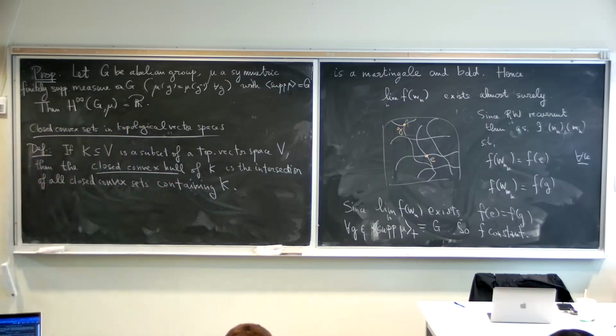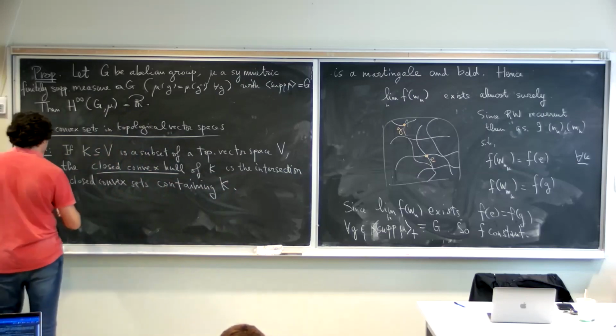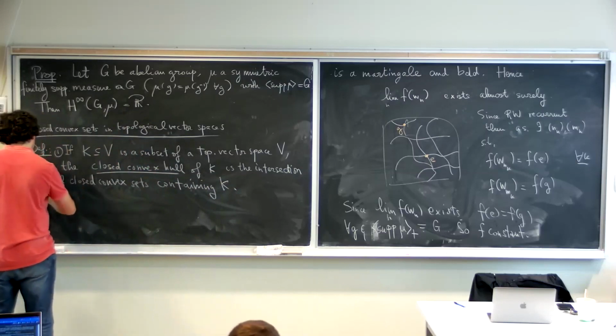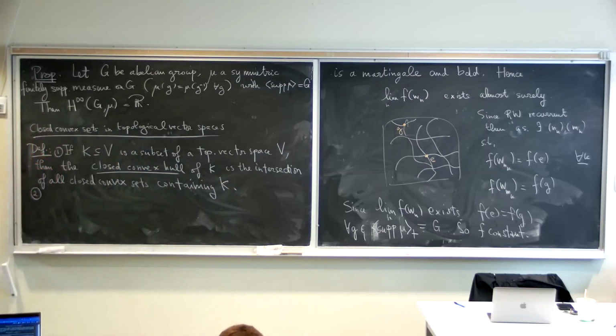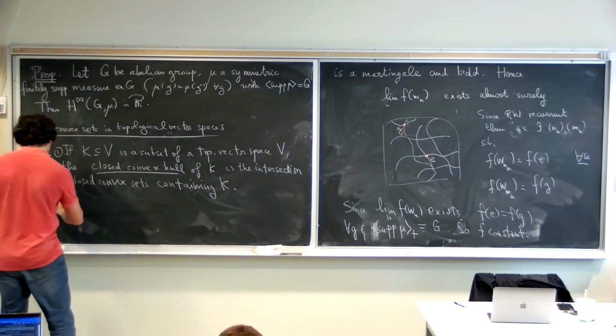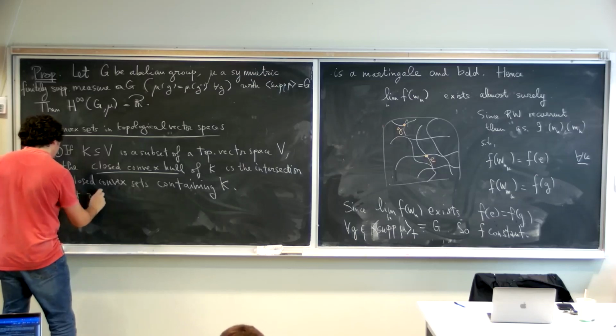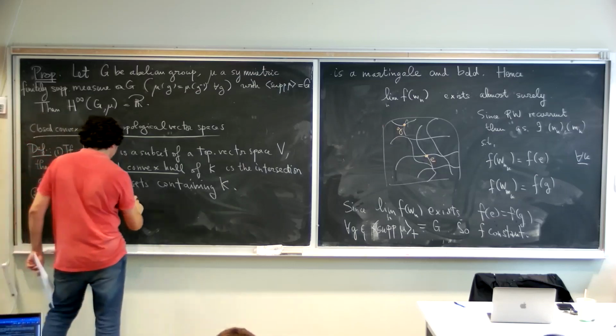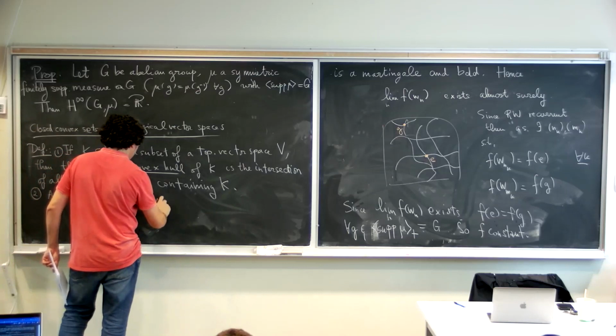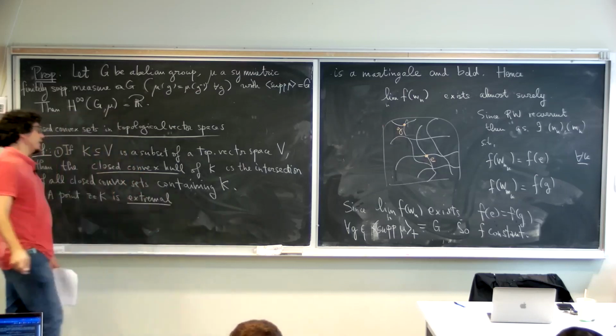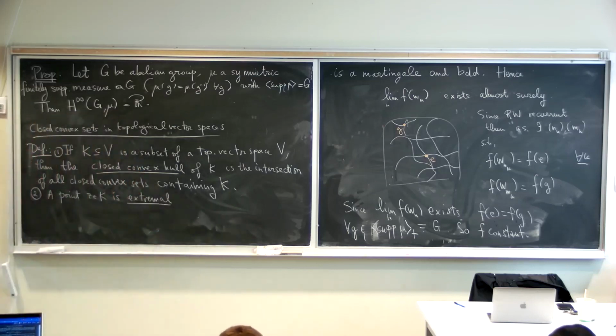Okay. The other definition is that a point z in K is extremal if it cannot be written as a convex combination of two other points.